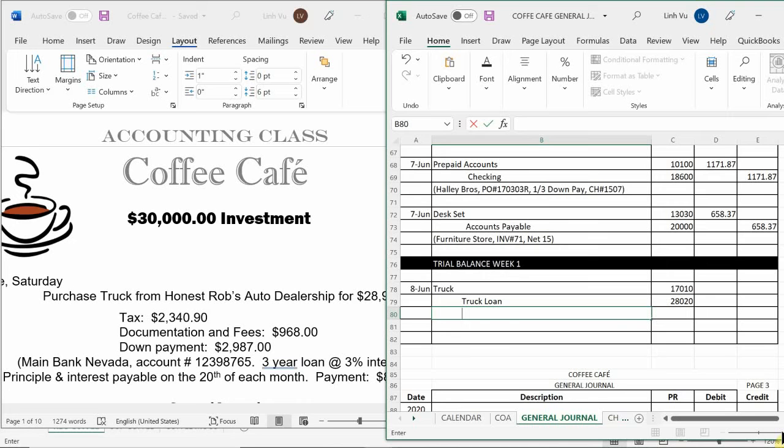With the checking account, correct. So let's go ahead and figure these numbers out. How much was my down payment? It was $2,987, right? Now let's configure how much my actual truck is for.